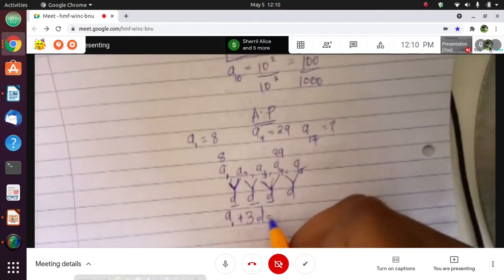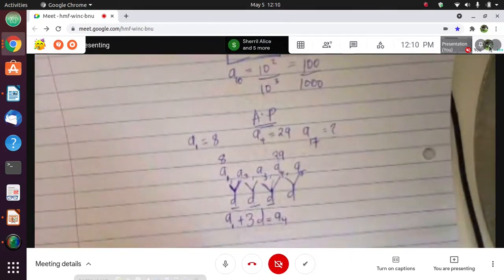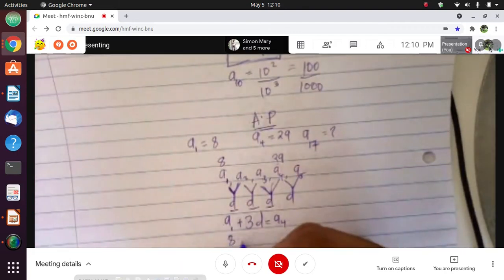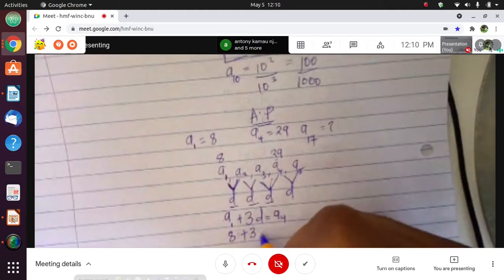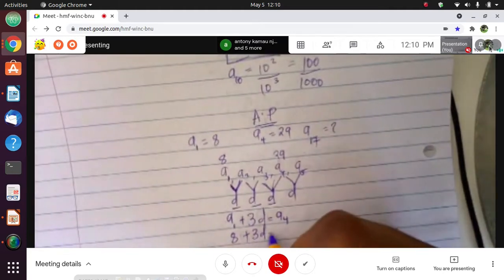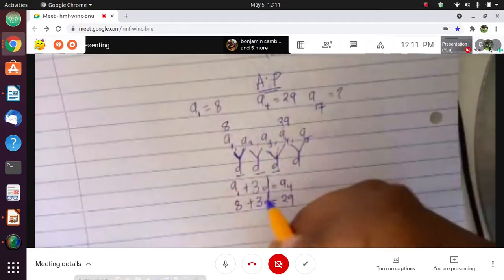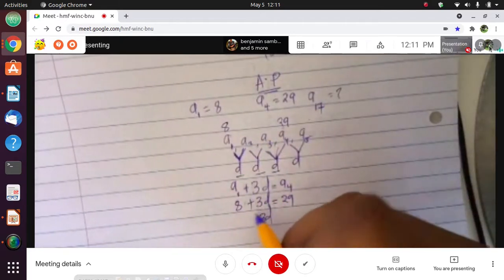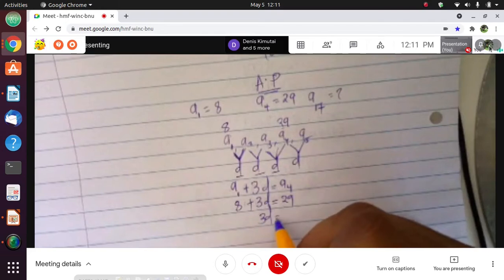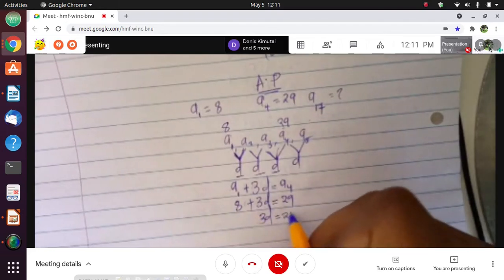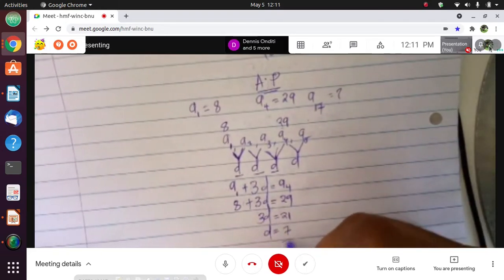Are you together? Therefore, A1, which is 8, when you add 3 common differences, will give us 29. Therefore, the common difference in this situation will be 3d is equal to 29 minus 8, to give us 21, and the common difference will be 7.